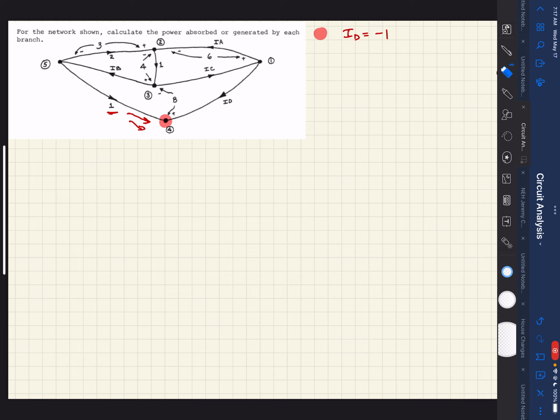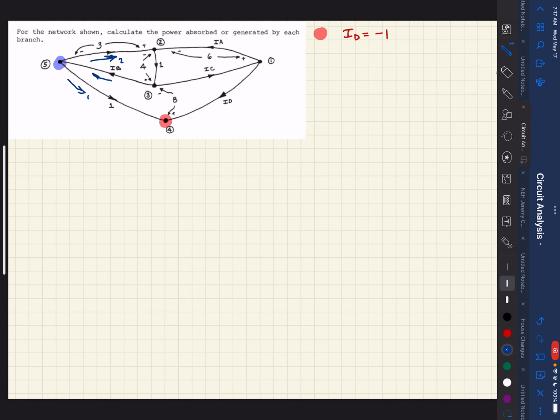So now let's look at a different node. Now we want to look at this node here. In this case, again, we know we have 1 amp leaving here, and we know we have 2 amps leaving this direction, and we have an assumed current going in. So if we have 1 leaving and 2 leaving, that's 3 amps leaving the node.